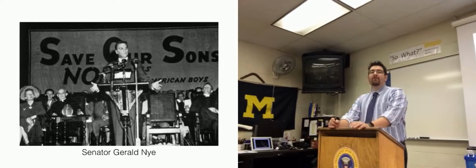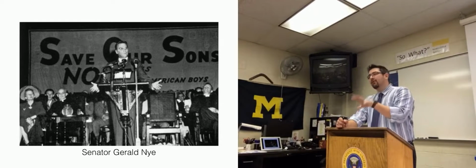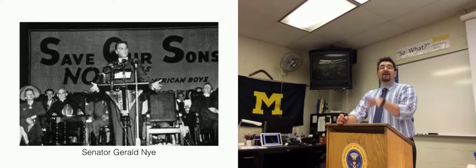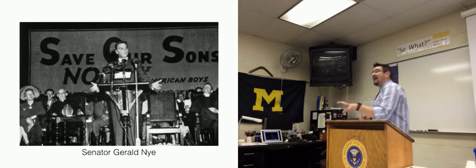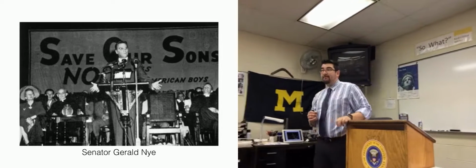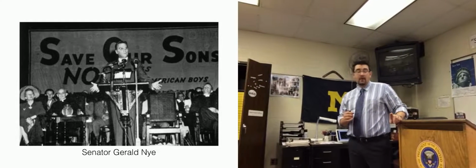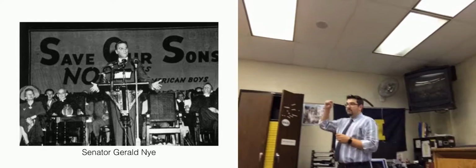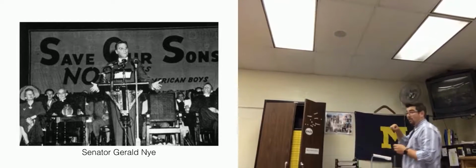The Nye Committee report was harshly critical of American business interests' involvement in the European war and the American government's financial ties to one country in particular. Remember when World War I was being fought? Great Britain's got the biggest navy in the world, by far.